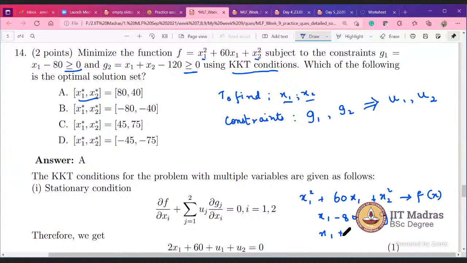And G2 is x1 plus x2 minus 120. So that is your G2.